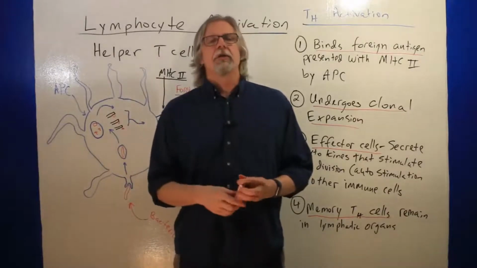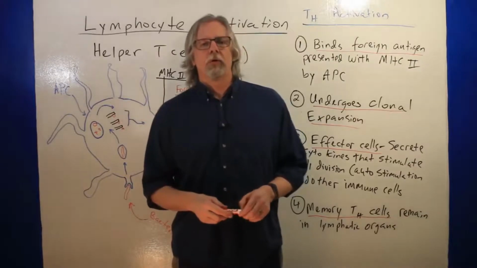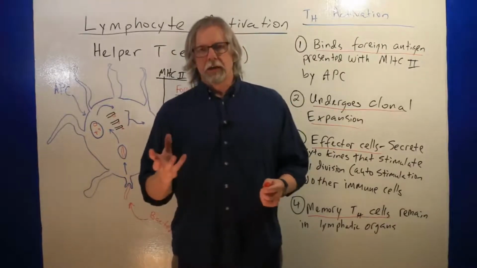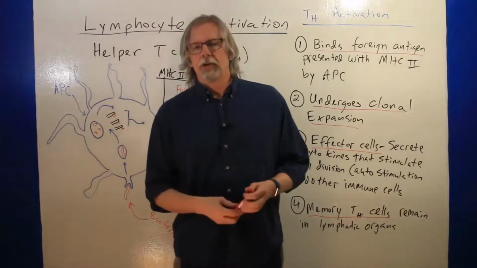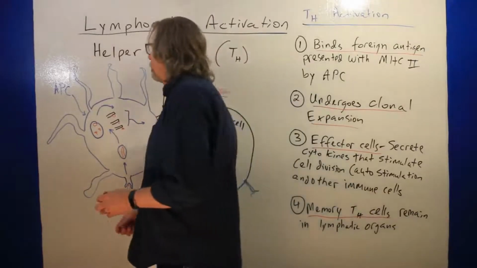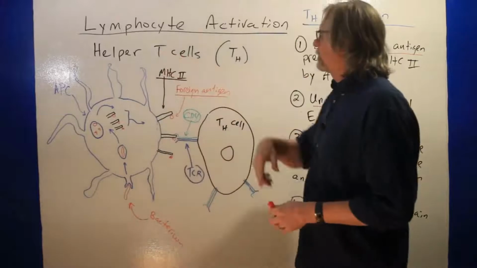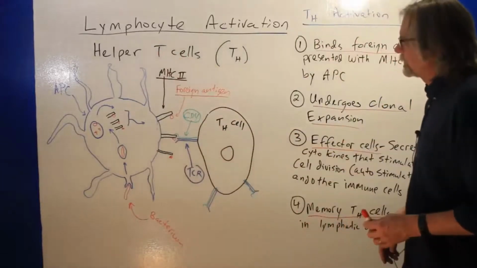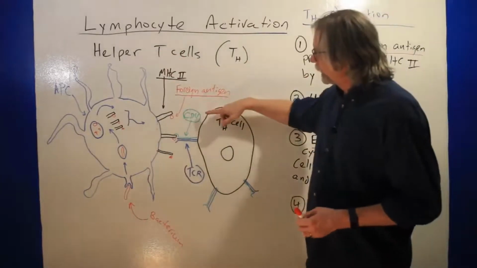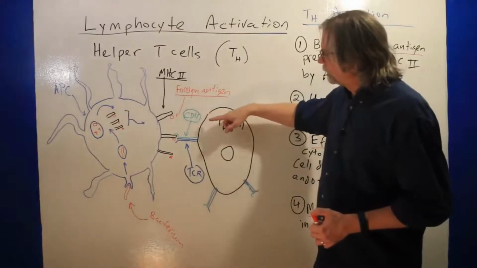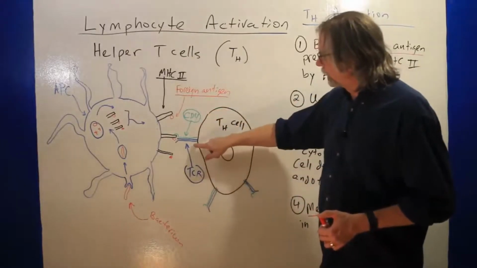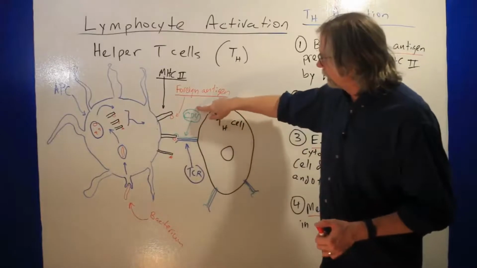For T cells, they're very picky about the form that the antigen is in order for them to be activated. So for a T helper cell, starting with the helper cells, T helper cells are equipped with a T cell receptor, shown in blue here, and a co-receptor.